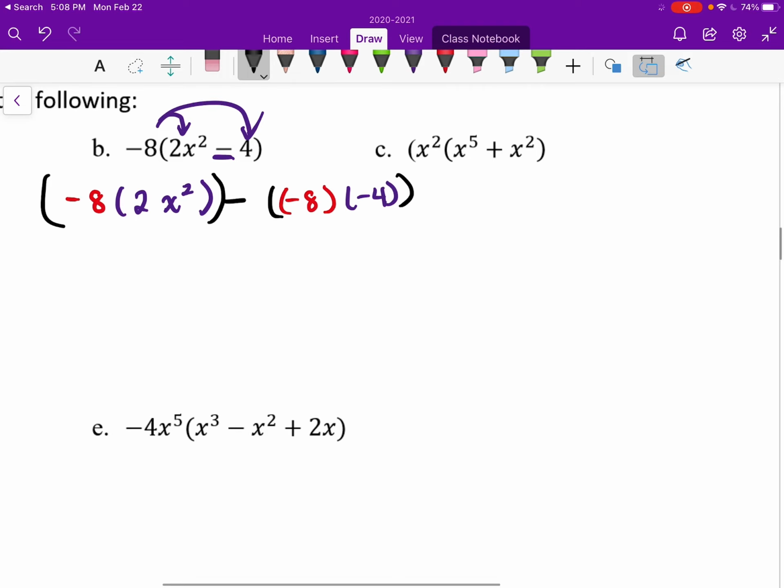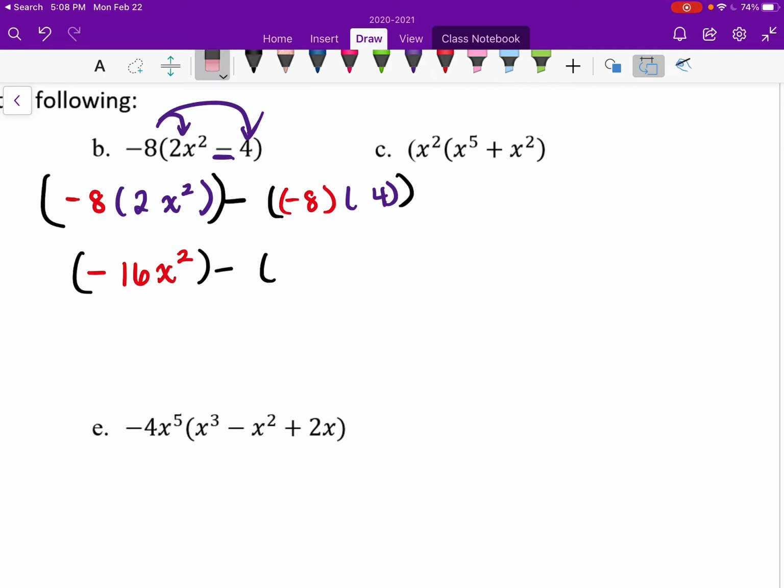So now we have negative 8 times 2x squared. Negative 8 times 2 is just going to be negative 16. X times 1 is just x squared, minus negative 8 times 4. Oops, sorry, we're leaving this as a positive 4. So we have negative 8, because we put the minus up there.